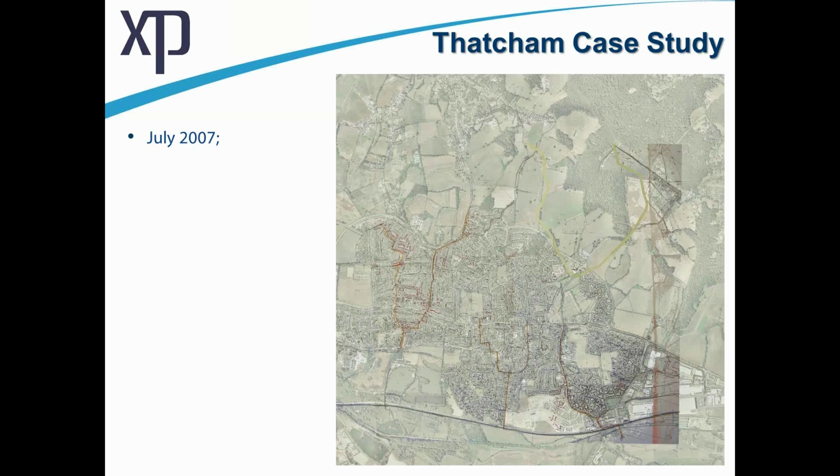What this is showing you are the little red dots, which are probably hard to see, but there's a lot of little red dots. You can see a V or U shape going across the map here, and there are a lot more dense dots in this area here. These are all the properties that were putting in flooding claims. There were 1,100 properties flooded in this one event in July 2007.